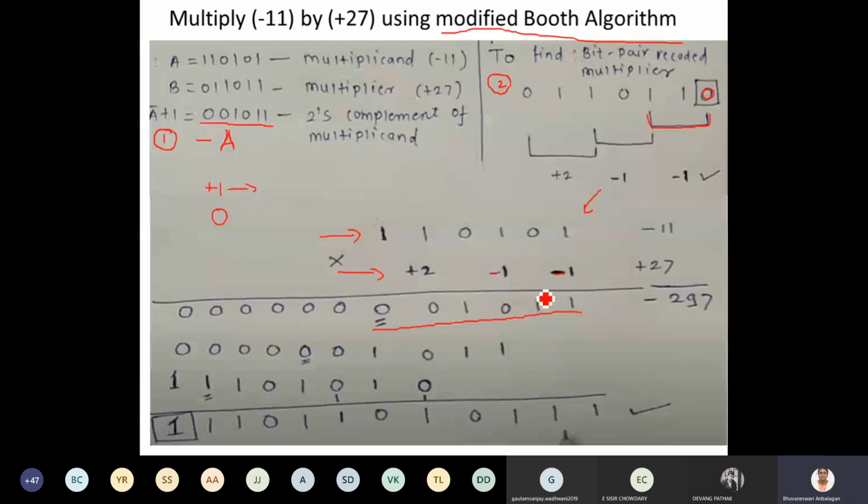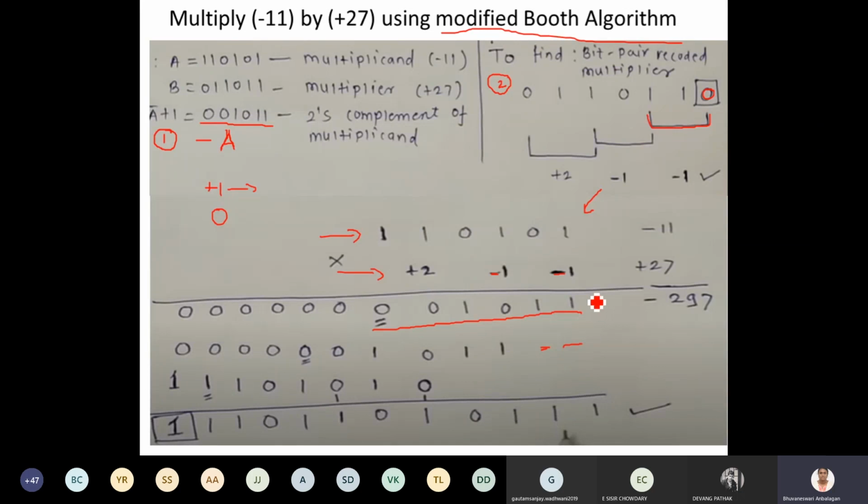Then I am going to do another minus 1 into the multiplicand. Am I right? So now you have to leave 2 spaces here, and then you have to write 1. Why are you leaving these 2 spaces?